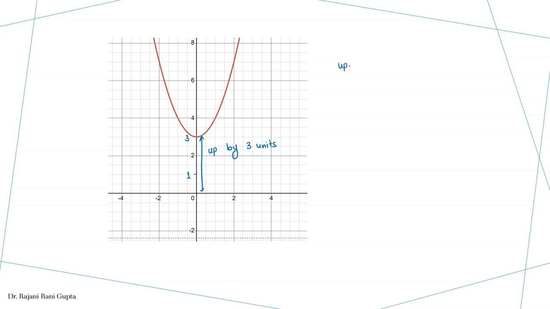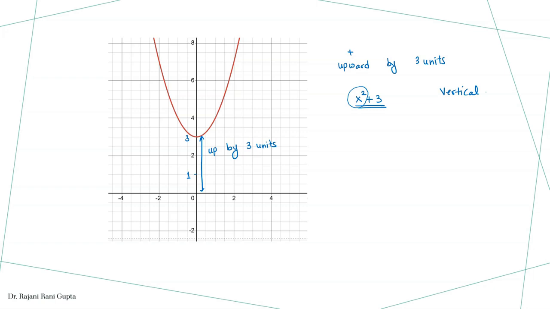So upward movement by 3 units. So for upward, what will you use? You will use the plus sign. So x square plus 3. This is your transformation, the graph. Okay. And this is a vertical transformation. In vertical transformation, remember the function x power 2 should be there. Okay.